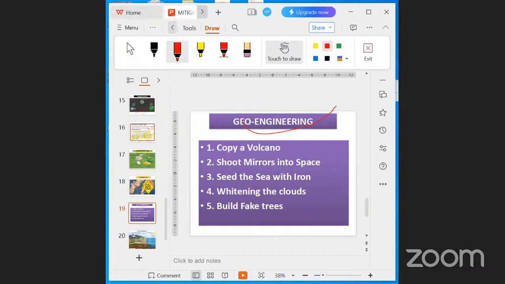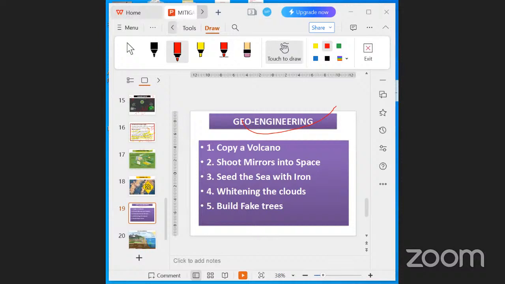Geoengineering. So this topic is just theoretical, but they have proposed this. So what is geoengineering? That is cooling of Earth's environment. That is called geoengineering, right? So the Earth is getting warmed up, right? Due to what is the reason?